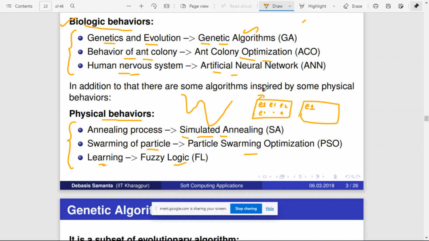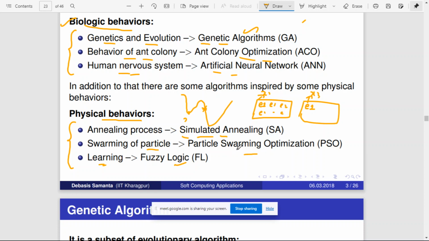Initially E1's energy level may be X1, and now it may settle at a different energy level, X3. It may be possible that this X3 is better than X1, right? So previously, if the algorithm got stuck here, and now because of simulated annealing the algorithm moves here, it is better for us, because from here it can easily move on to the global minimum. So this is how simulated annealing works.